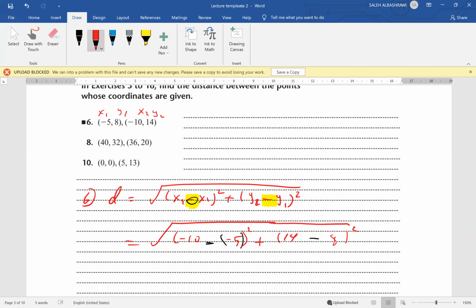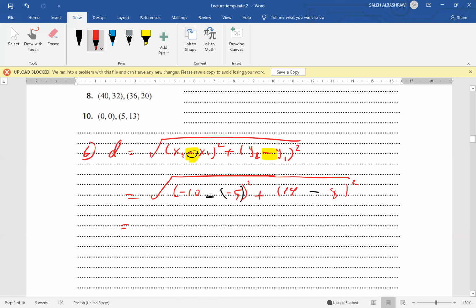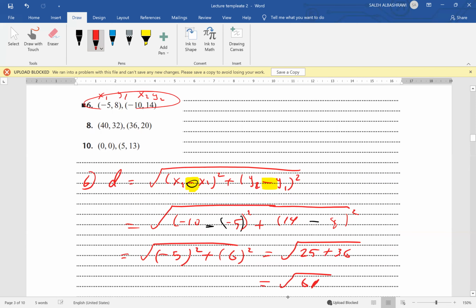Then I will have this equal to square root of minus 10 minus 5 is minus 5 to power 2 plus 14 minus 8 is 6 to power 2, which is equal to square root of 25 plus 36. This will give me square root of 61. So the distance between these 2 points is equal to square root of 61.